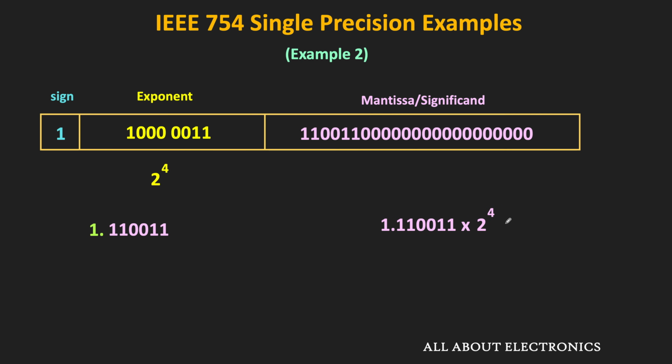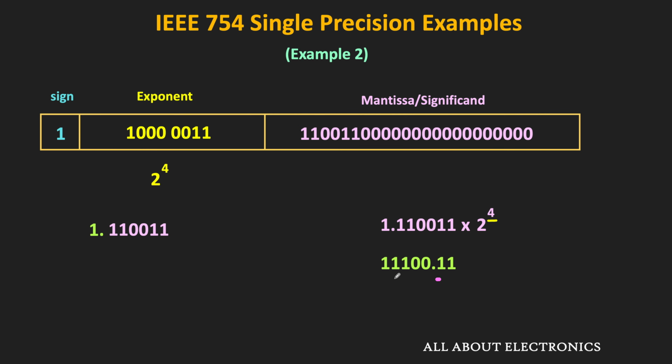Here, since the exponent is equal to 4, we will shift this radix point or this binary point towards the right side by 4 bits. And after shifting this binary point, this will be our binary number, that is 11100.11. Now, the integer part 11100 in decimal corresponds to 28.